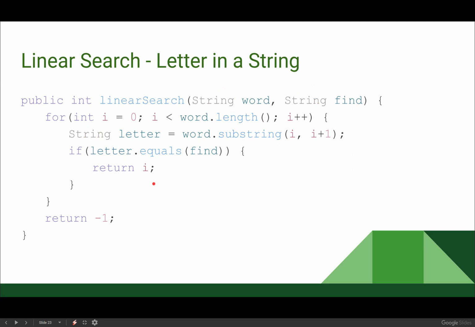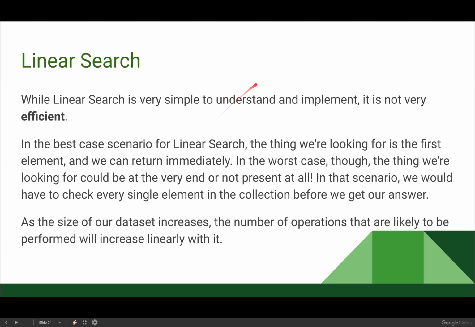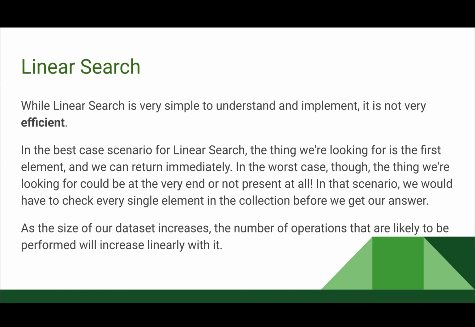So this will work for any kind of collection of values, because strings are a collection of characters, and an array and an array list are both collections of whatever type of data we say we want to store.